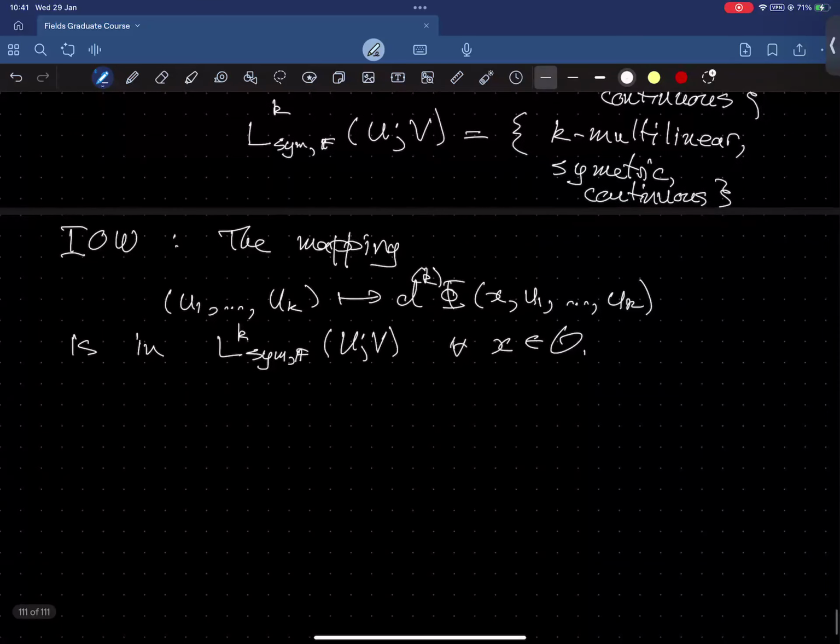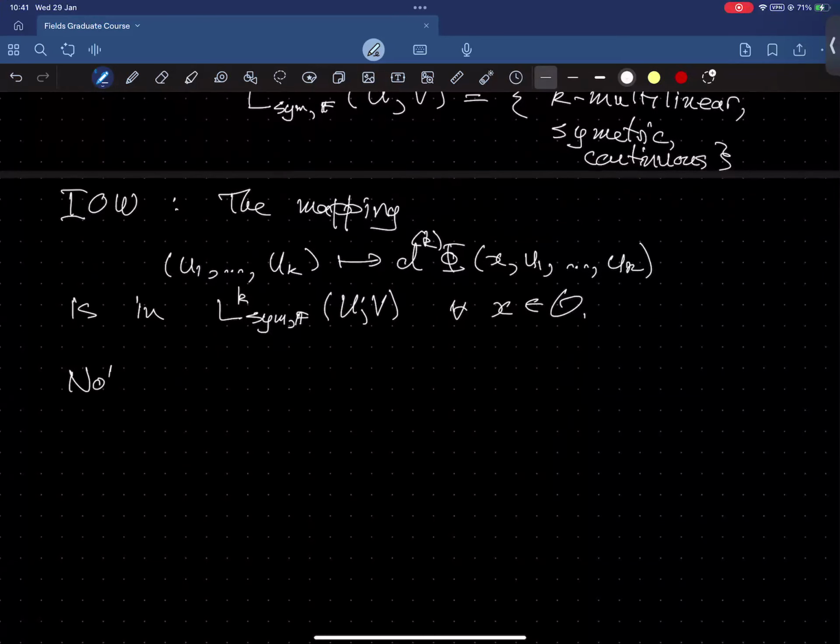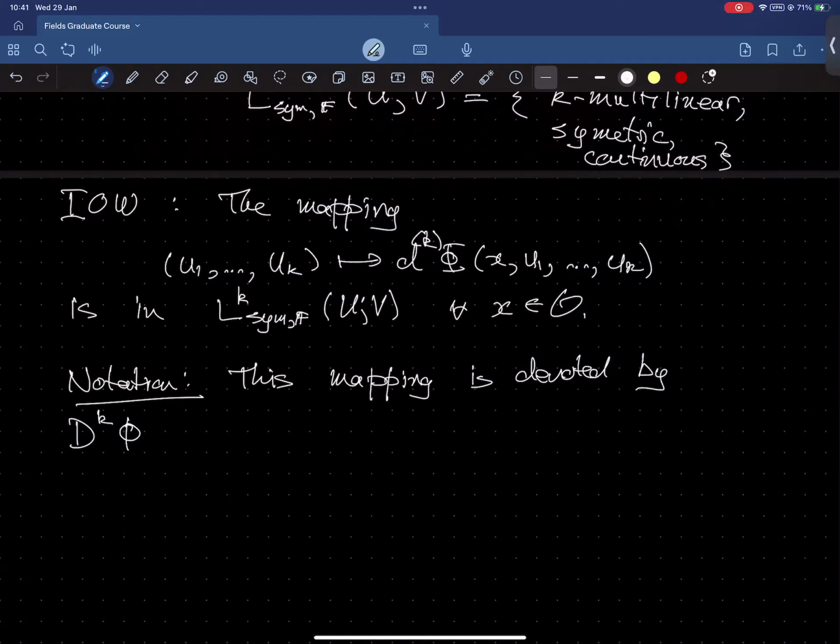Okay, good. So, notation. This mapping, the one I just wrote above, is denoted by, and here I make reference to the usual calculus notation, d^k phi(x) from U^k into V. And notice, let's make explicit the relationship between big D and little d.